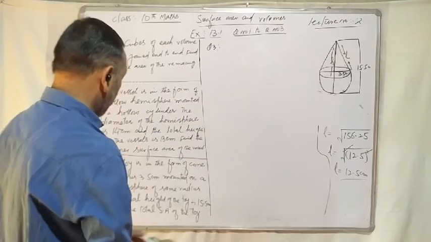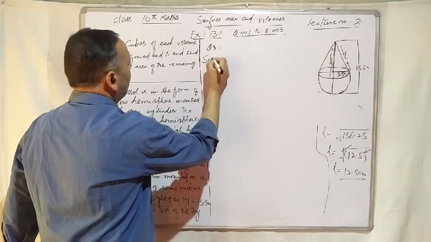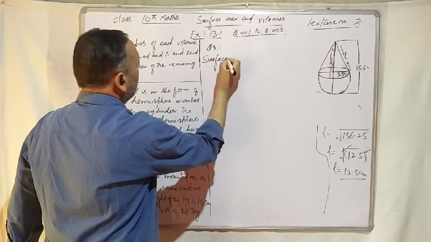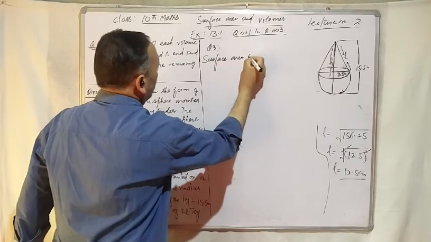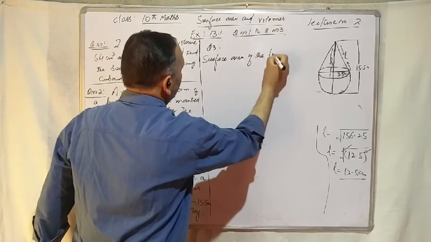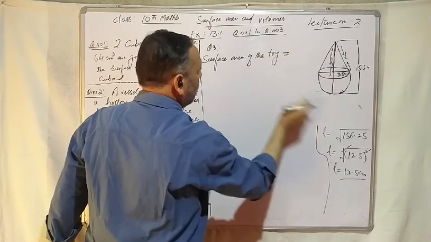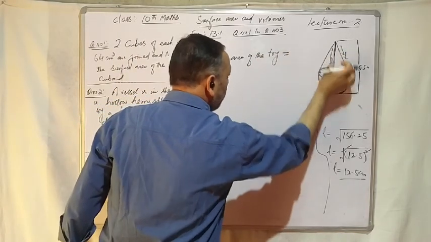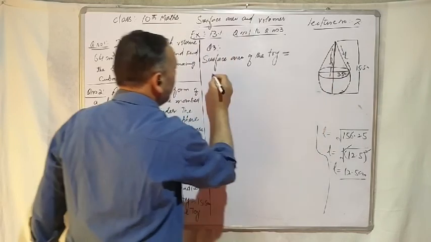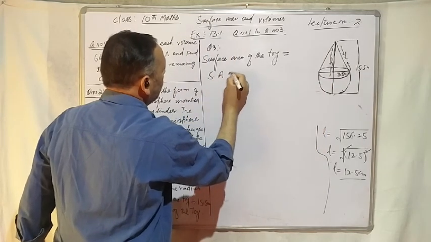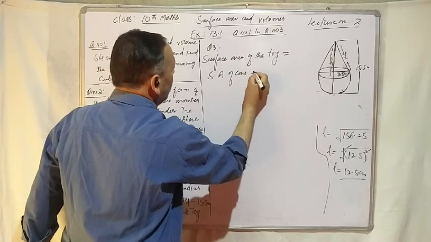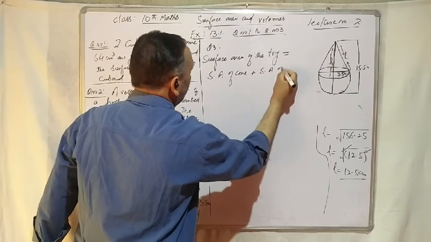Now, surface area of the toy will be equal to surface area of cone plus surface area of hemisphere.